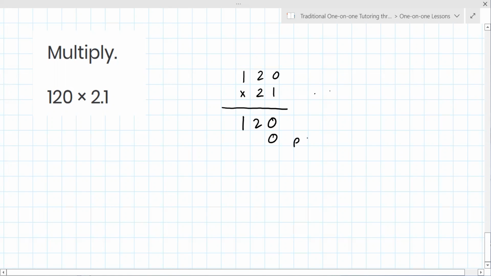You put a 0 in line 2. So then you take this 2 right here that I'm circling, and you multiply it by the 0, which is 0. 2 times 2 is 4, and then 2 times 1 is 2. And now you add these numbers together.